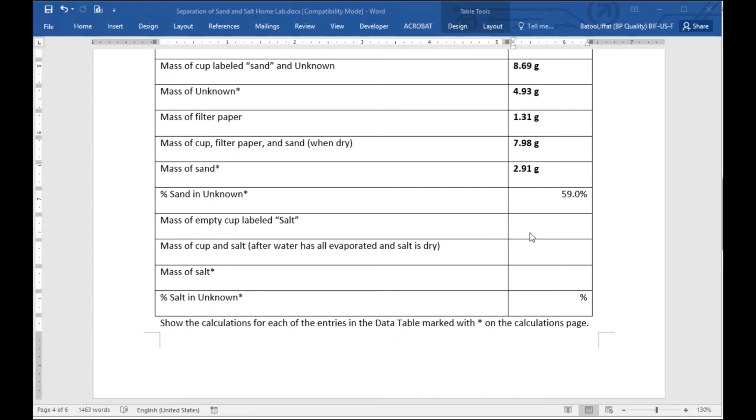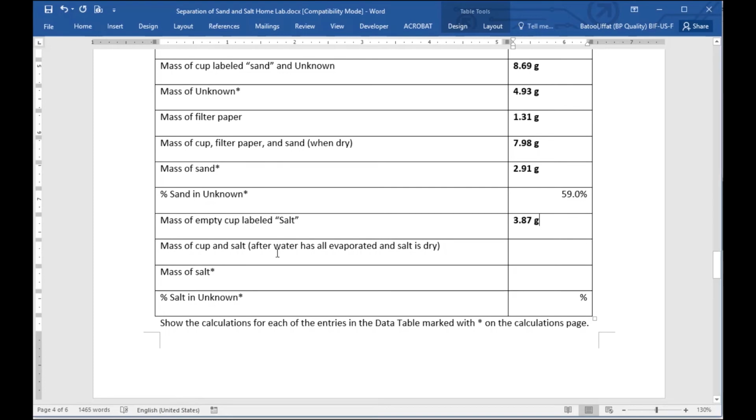Okay, now we can start the calculation for mass of salt. For mass of salt, the very first thing is we need the mass of the empty cup labeled as salt. The empty cup that I started with in the beginning and used is 3.87 gram.